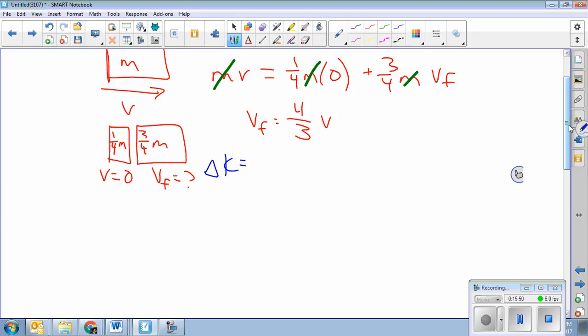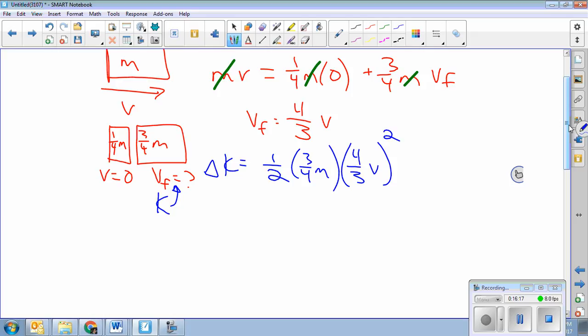So our final kinetic energy is 1/2, this thing has a mass of 3/4 m, times this velocity squared, 4/3 v quantity squared, right? Let me pause there for a minute. That's a lot to absorb. That is the kinetic energy of this thing right here.